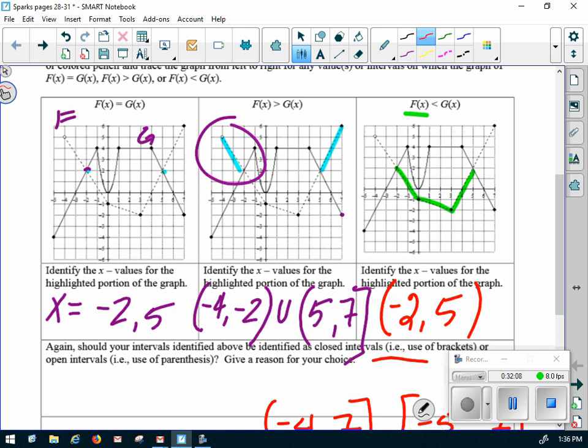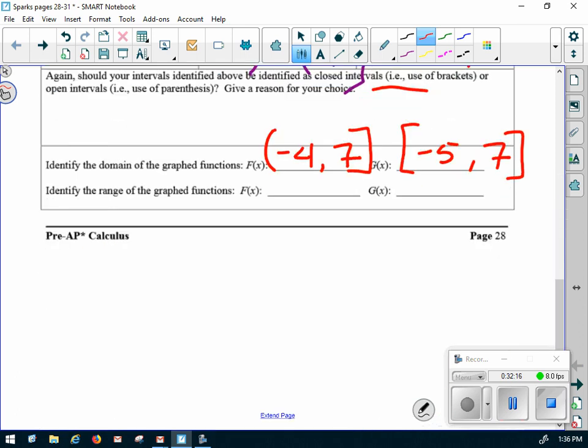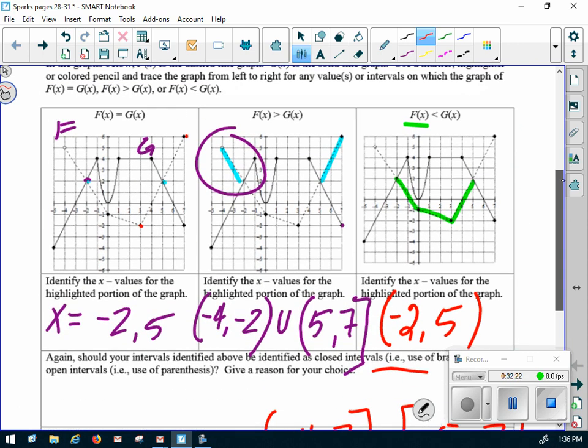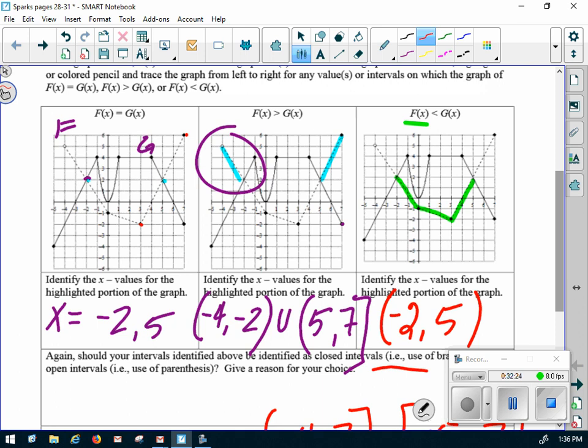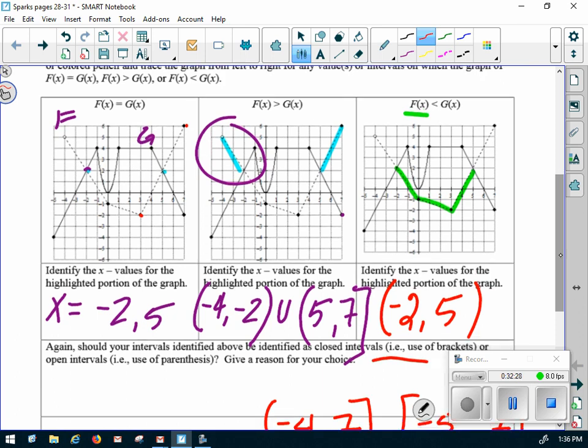Negative 2 to 6. And G? Negative 4 to 4. I buy that.